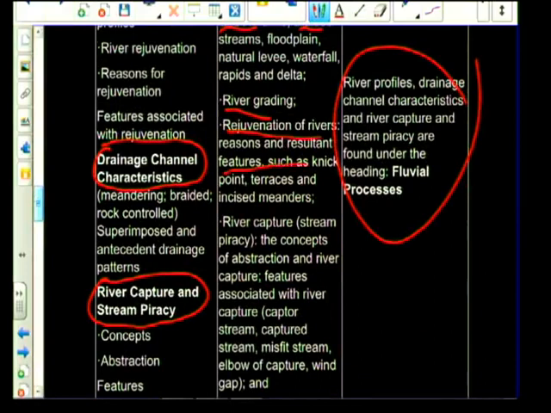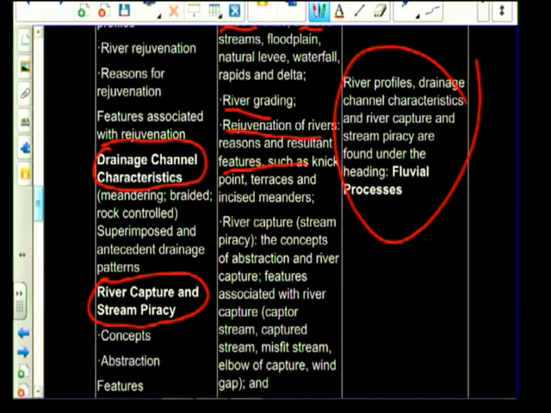And I know I'm repeating myself, but I want to make the fact known that what they've done here is they've written rock-controlled features or characteristics or patterns or stream channel patterns. Here we're giving you a little more detail of what is the stream channel patterns. So you've got more detail. It looks longer, but it's actually the same things that have been put there. Where your teacher just said stream channel characteristics and they gave patterns and they gave you the different names.